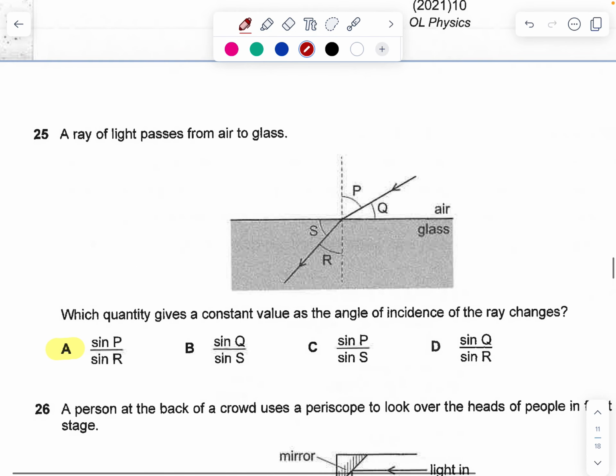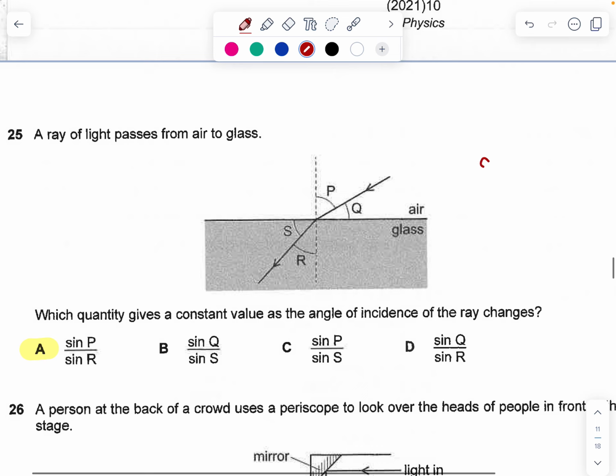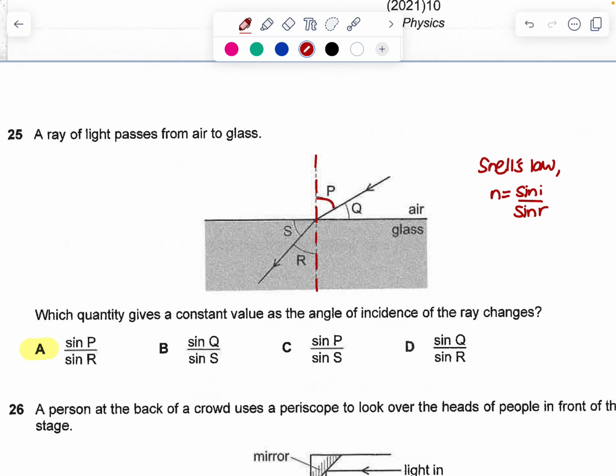Question 25, Snell's law. n equals sin i over sin r. This is the normal. I always mention, use the angles that are hugging the normal and the rays.